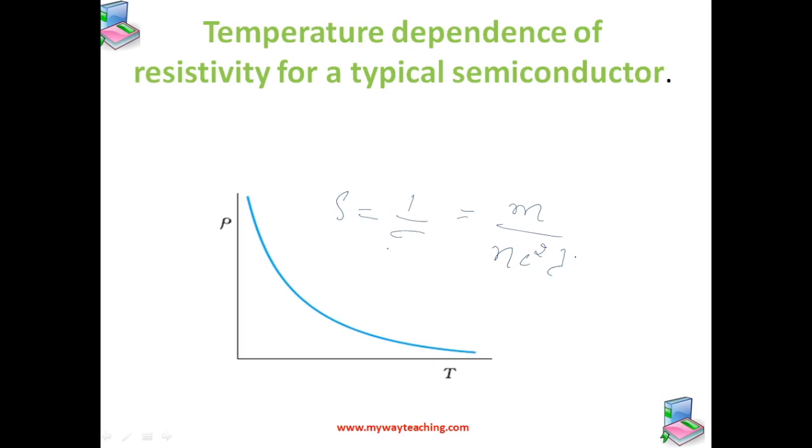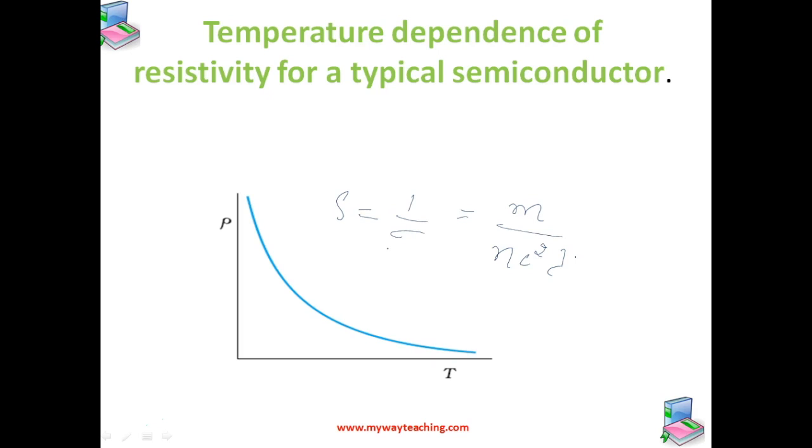So rho depends inversely both on the number n of free electrons per unit volume and on the average time between collisions tau. As we increase the temperature, the average speed of electrons increases, resulting in more frequent collisions. So the average time between collisions decreases with temperature.